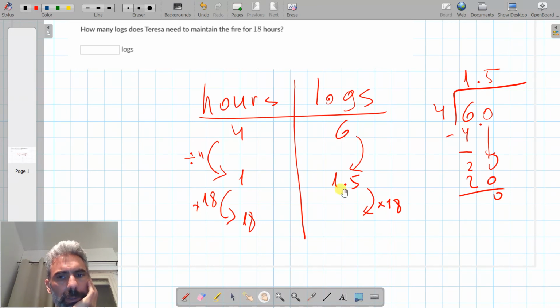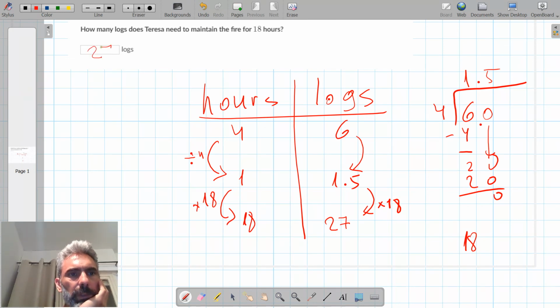So 18 times 1.5 is 27, right? Because 18 times 1 is 18, and 1/2 of 18 is 9. 18 plus 9 is 27. So I need 27 logs.